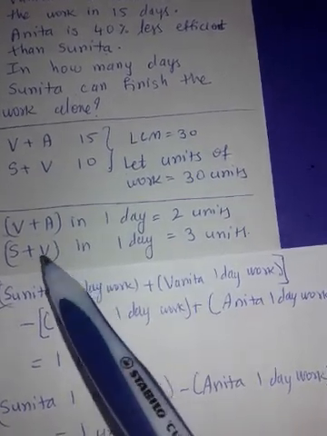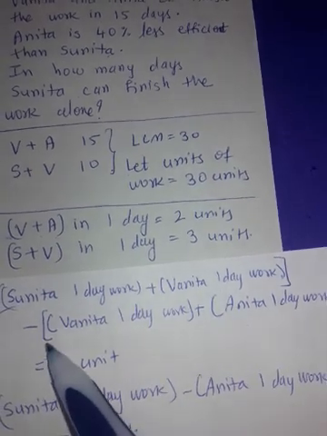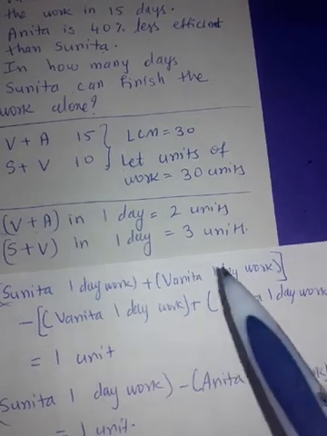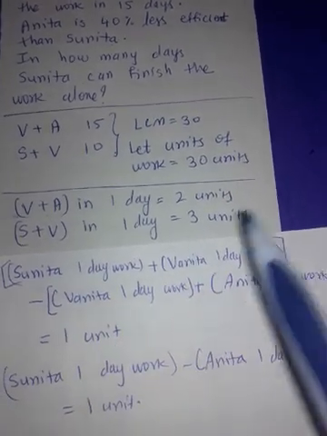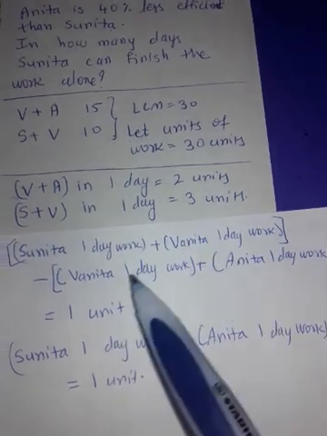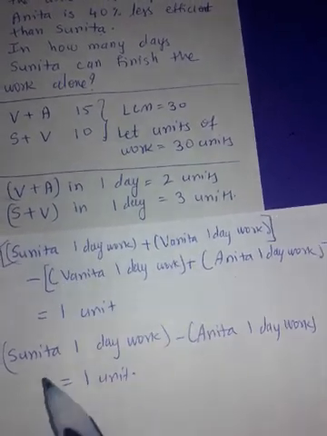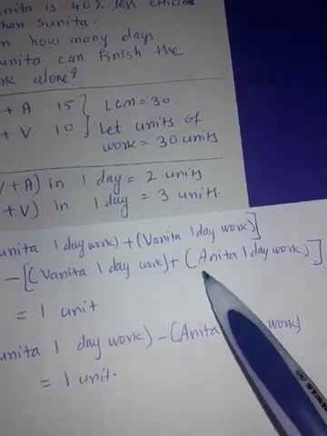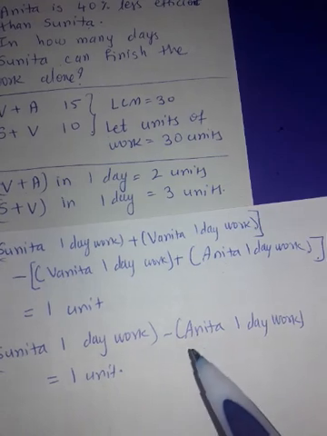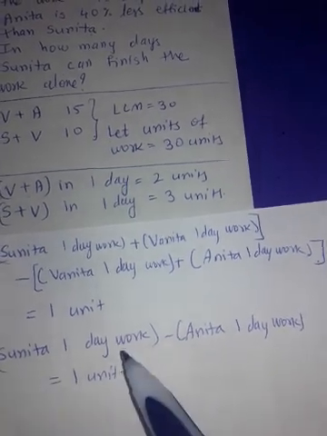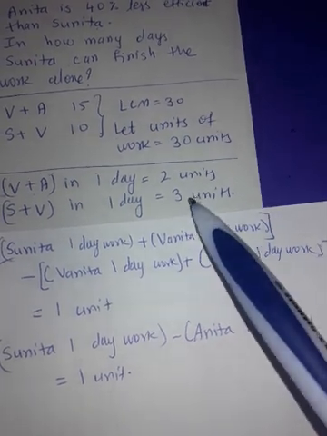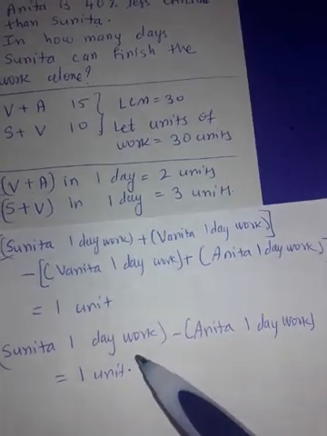Sunita's one day work plus Vanita's one day work, minus Vanita's one day work and Anita's one day work. So when I open the bracket, what will happen? Vanita's one day work will get cancelled and I'll be left with Sunita's one day work minus Anita's one day work. Correct? There is a minus sign outside the bracket, so this becomes minus. So Sunita's one day work minus Anita's one day work is 1 unit. 3 minus 2 is 1.